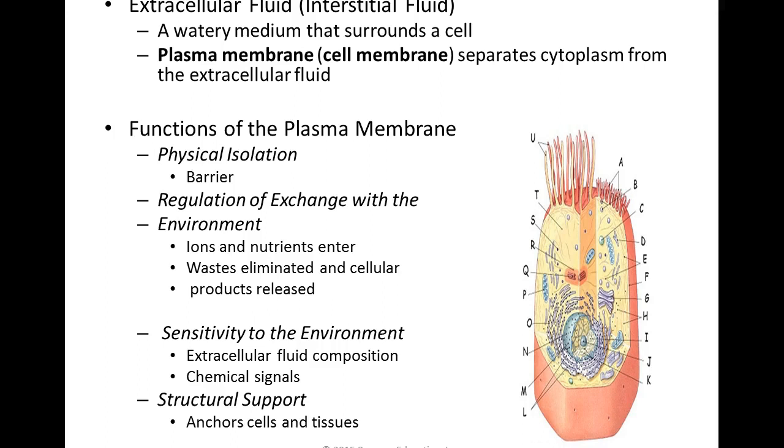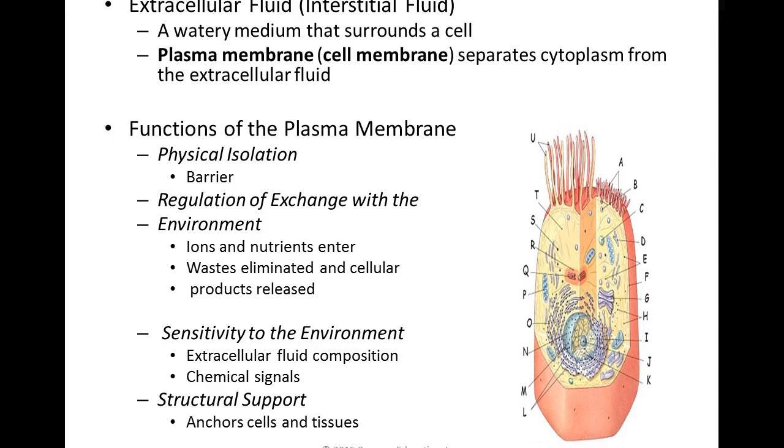Or think about inside the cell if that cell has been invaded by a virus or some sort of pathogen, and we want that pathogen to be walled off from other cells. So the membrane is a physical barrier. It also regulates the exchange with the environment.